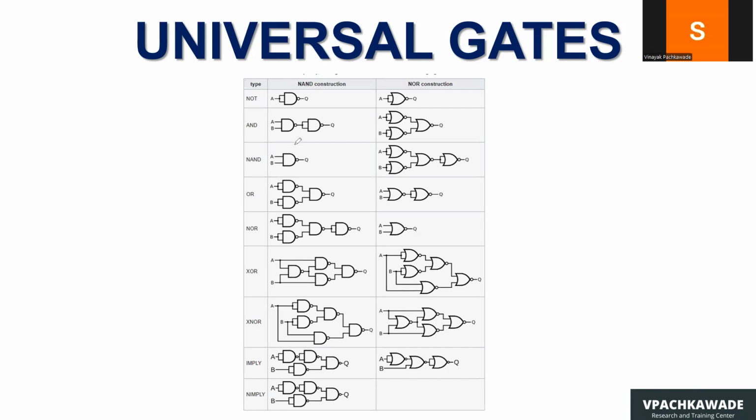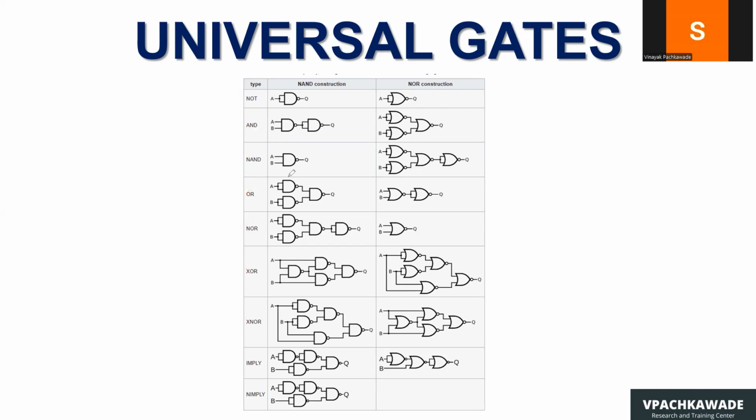The answer is they are called universal gates because all other basic gates can be constructed using either NAND or NOR gates. So what are the basic gates? The basic gates are the NOT gate, AND gate, NAND gate, OR gate, NOR gate, XOR gate, and XNOR gate.